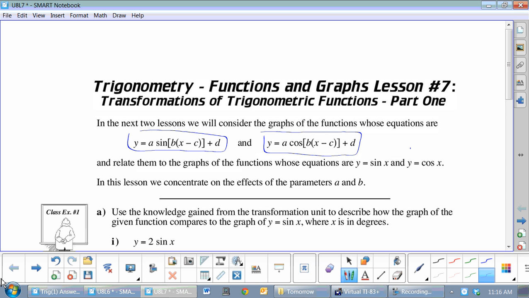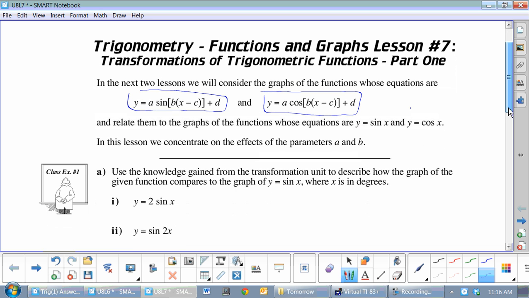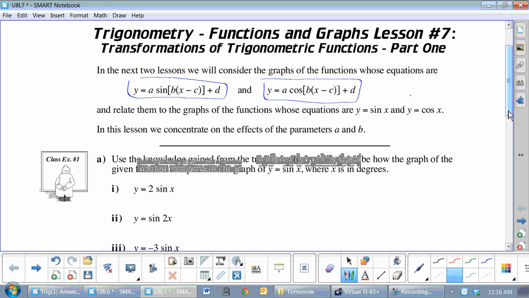C moves it this way, D moves the midline, which of course the rest of the graph goes with it, up and down. Okay? So we're just working with two things today, the A and the B, and then we'll introduce C and D next class. Now, let's just do a couple to get warmed up.